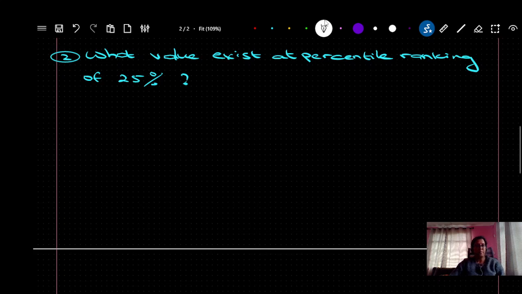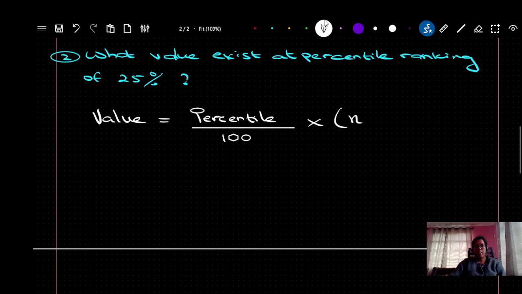The formula to find the value is the percentile divided by 100, times n plus 1.